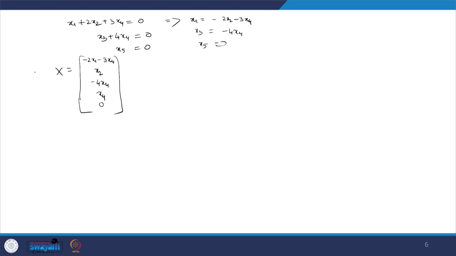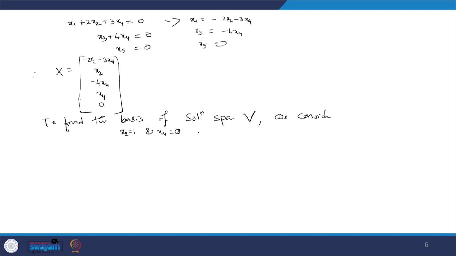Now, to find the basis for the solution space, since there are two variables, x2 and x4, which are considered as free variables, to find the basis of the solution space V, we consider x2 equal to 1 and x4 equal to 0.